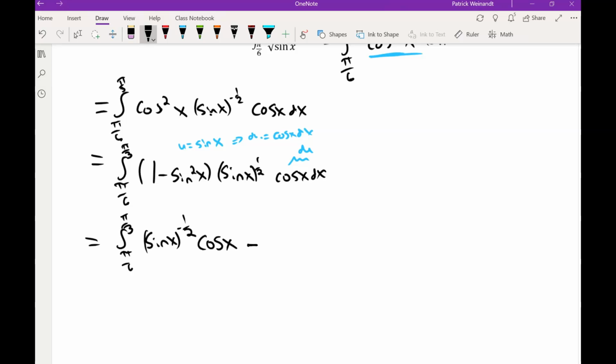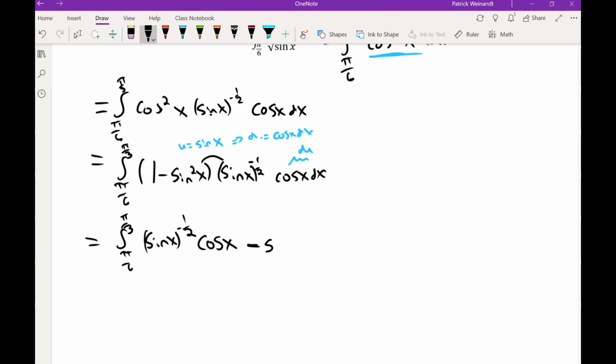minus, and then we're going to distribute here. Well, sine squared of x times sine of x to the negative 1/2 gives me, add those exponents, 2 plus negative 1/2 gives me 3/2.